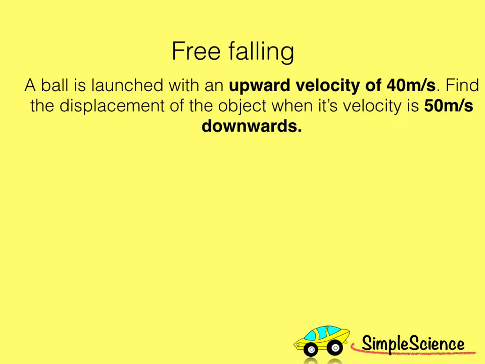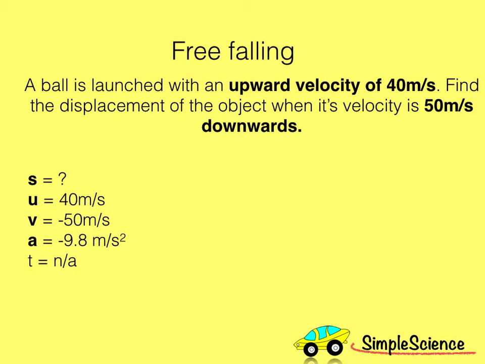Downwards, I'm going to say that it's negative. So we write Suvat to see what values we do know. s we don't know. We know u is 40 meters per second, and v is minus 50 meters per second. a is negative g. Remember, u and v must be different signs because they're in different directions. And 50 meters per second is in the same direction as g because they're both downwards.